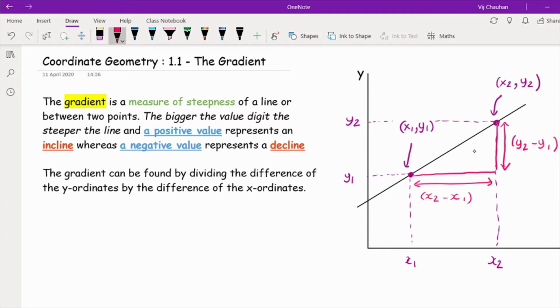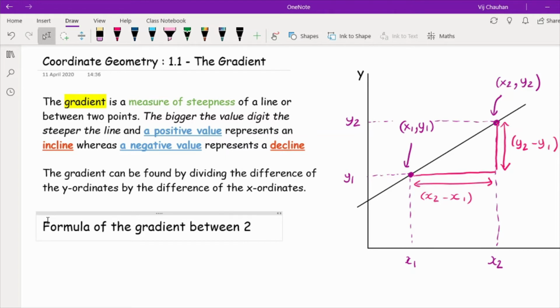So here, what we've then found is the formula for working out the gradient between 2 points. In algebraic terms, or in terms of A level, we're going to call the gradient m.